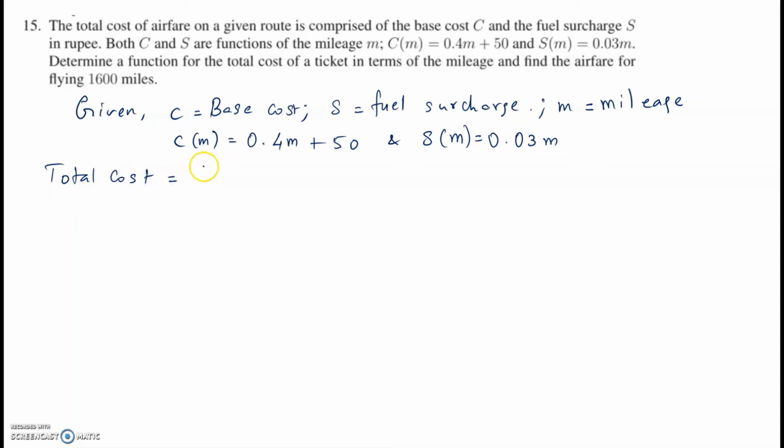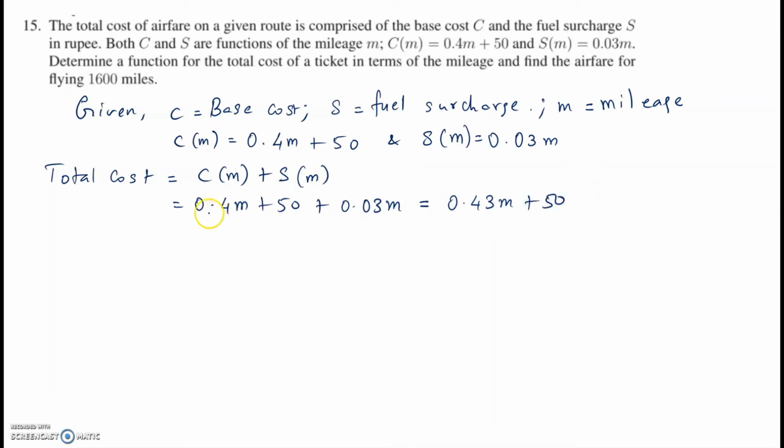So the total cost is equal to C of M plus S of M. Right. So what is C of M? C of M is 0.4 M plus 50 plus S of M is 0.03 M. So that's nothing but 0.43 M plus 50. So this is the total cost.